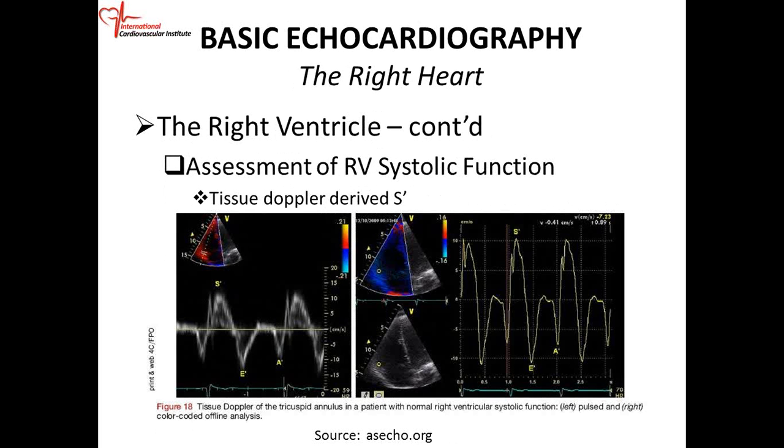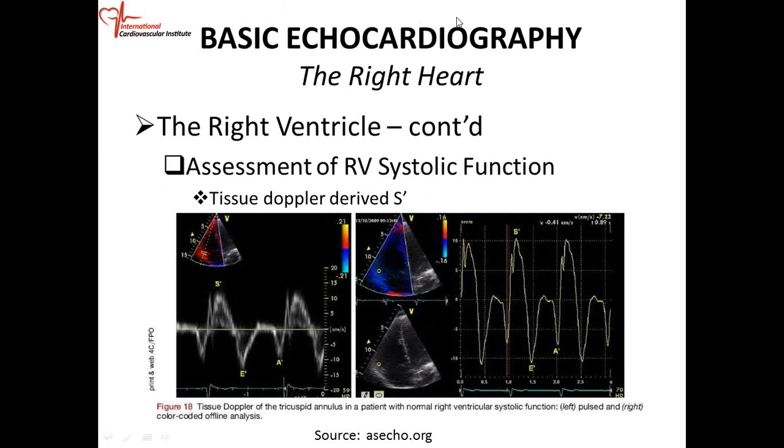Strain is just a change in the length when the heart contracts, and strain rate is the rate of change in that length. We're not going to go over that in any detail today, but just remember that.